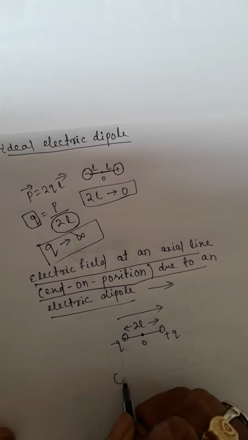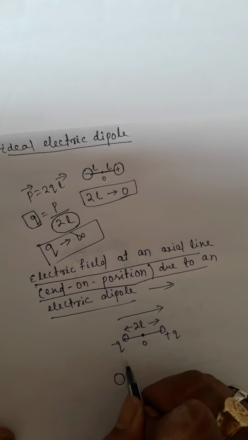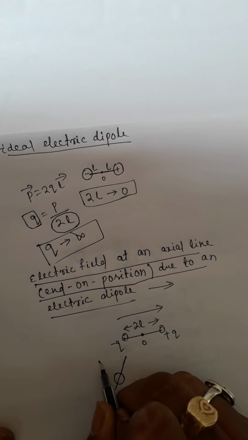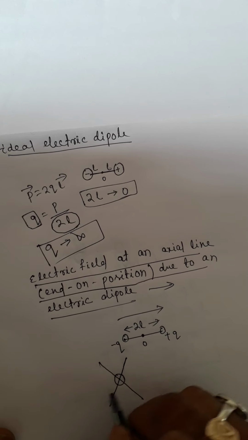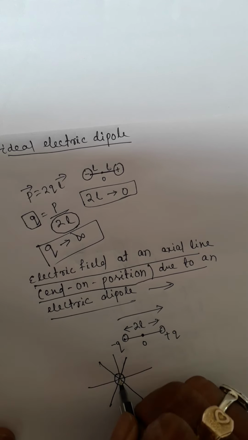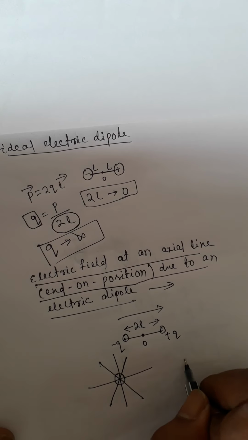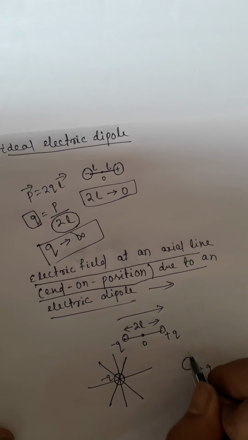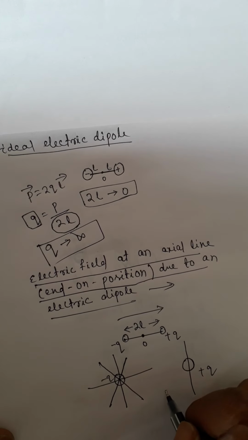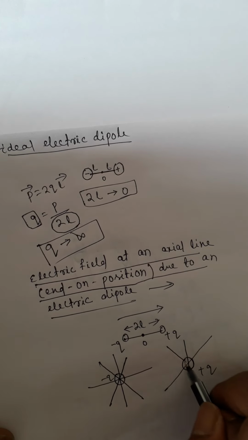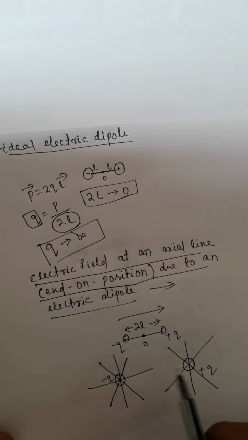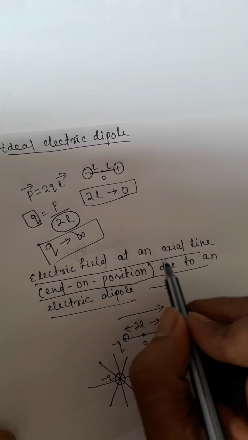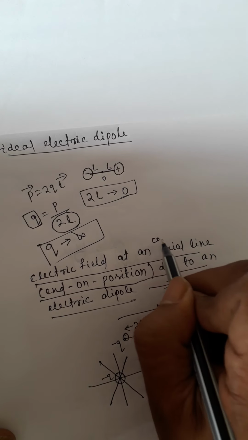If this is the negative charge, there may be an axis through it, and if we place the positive charge here, there may be an axis through this positive charge. So which axis do we have to consider as the coaxial line?